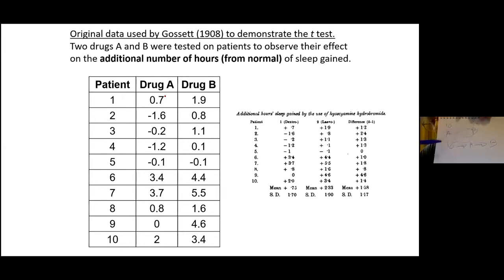You give 16 people drug A, record the effects, collect the data, and then wait like a week or something until the drug washes out of their system, then give them drug B, and collect the data. Here you'll have two different sets of data. You'll have technically two different groups. However, they come from one single dependent group. And that's why we call it dependent samples t-test.